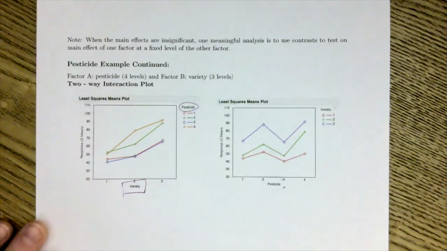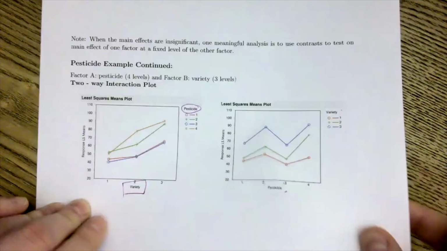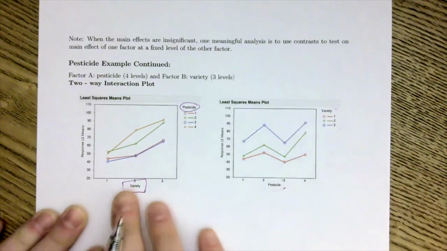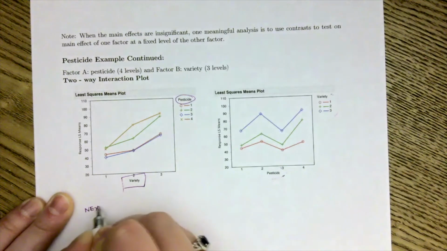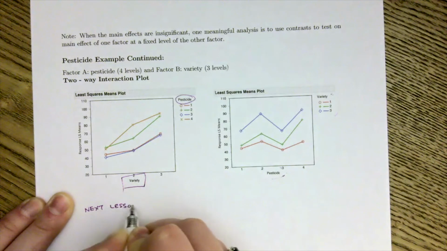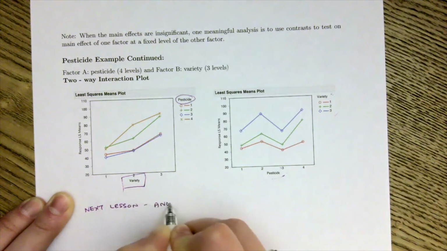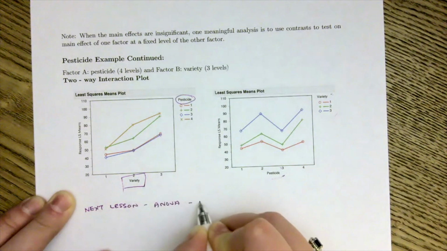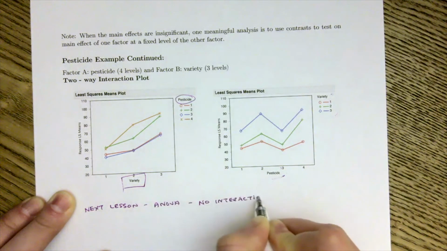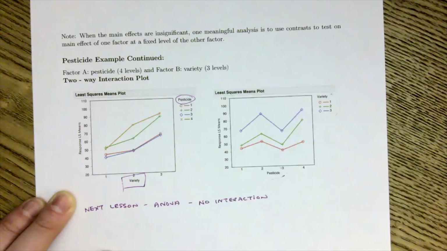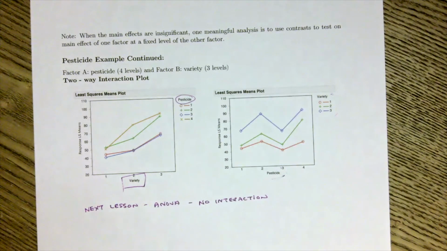Okay. In our next lesson, from our ANOVA table, we will see that there is no significant interaction. So ANOVA is going to tell us there's no interaction here. And so testing both the main effects would be meaningful.